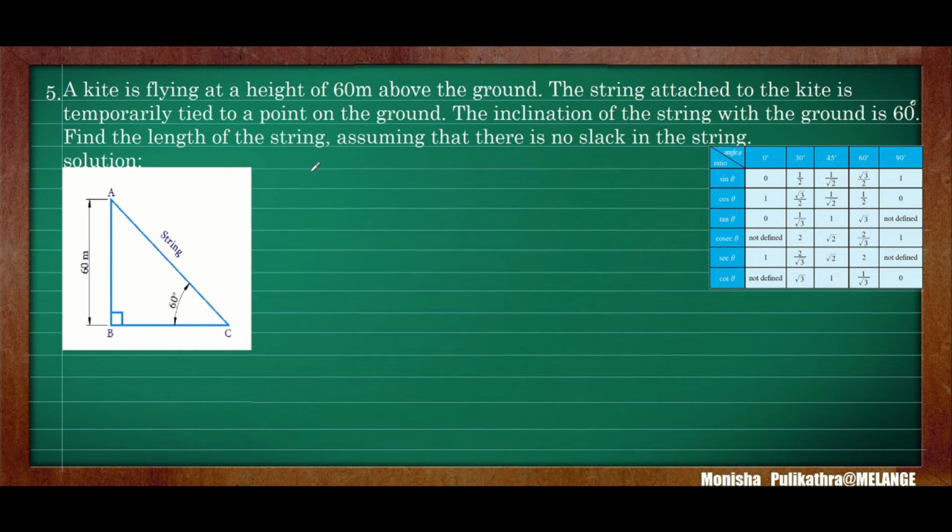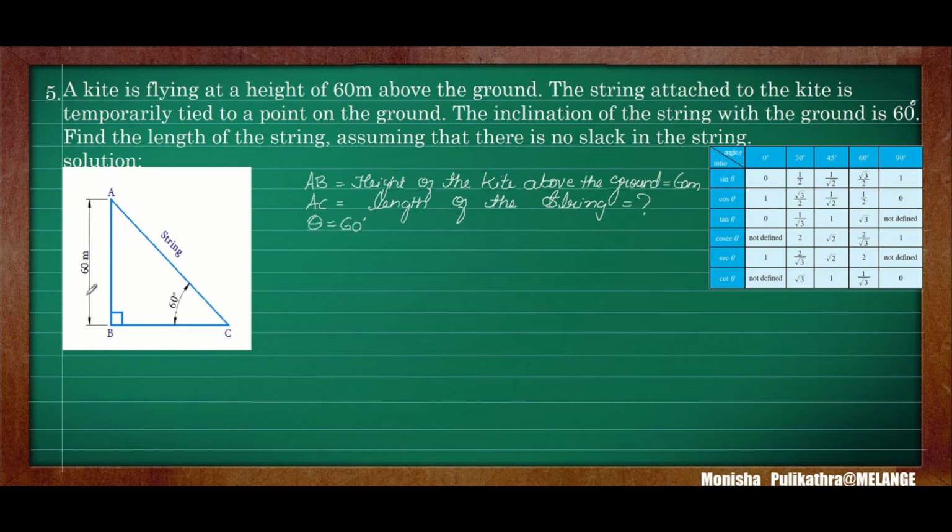So here AB is the height of the kite above the ground, which is equal to 60 meter. So AC is the length of the string which we need to find out, and angle is given as 60 degree.